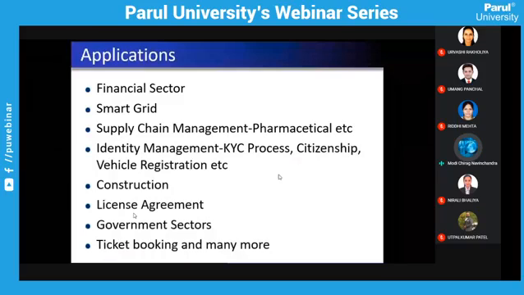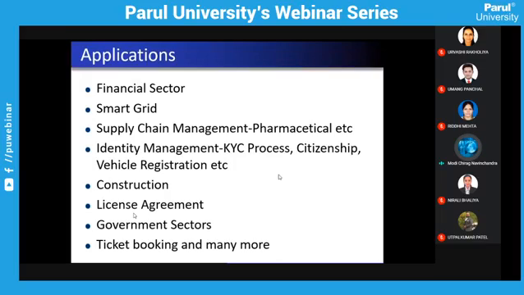So there are many things in license agreements which can be resolved using the blockchain. Then in the government sector, ticket booking, and many other applications. But in all these applications, multiple entities from different domains are involved, and untrusted entities are involved.